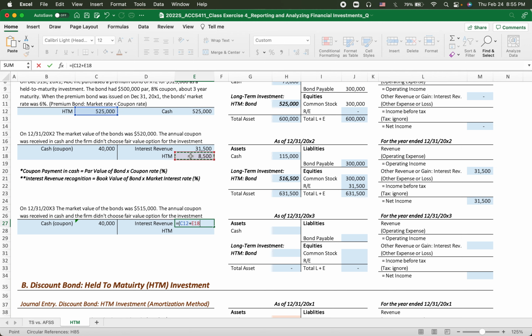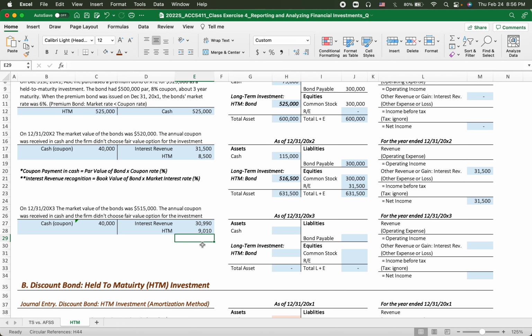So the principal is now reduced. That is the new principal, 516,500 times the market rate, right? The investor's rate is 6%. Then by this difference, we balance out 9,010.